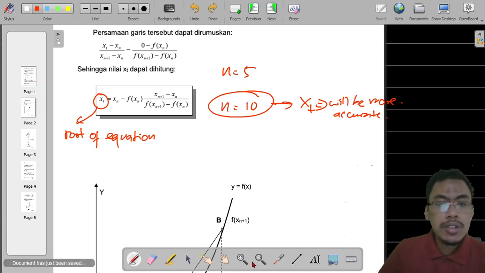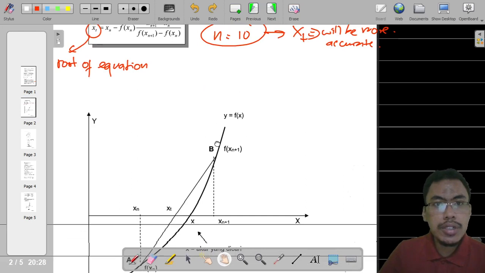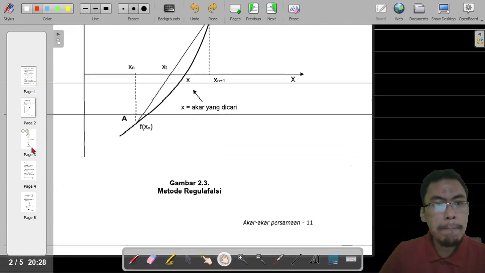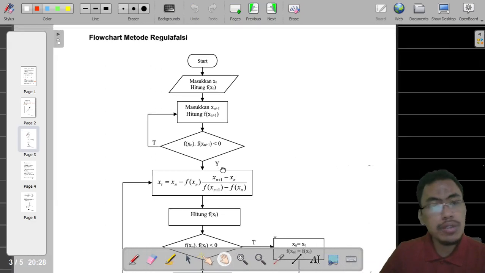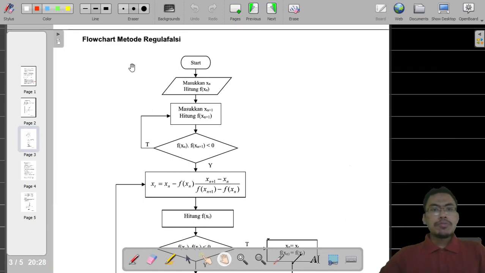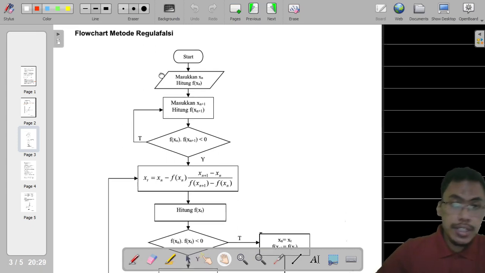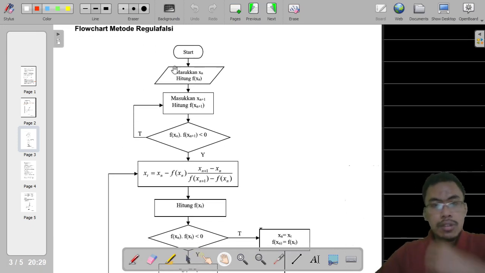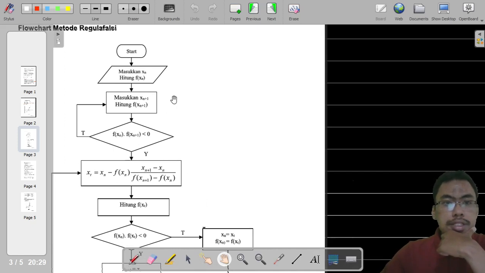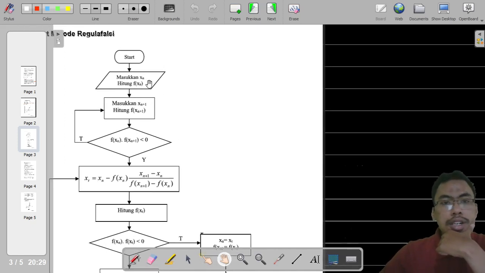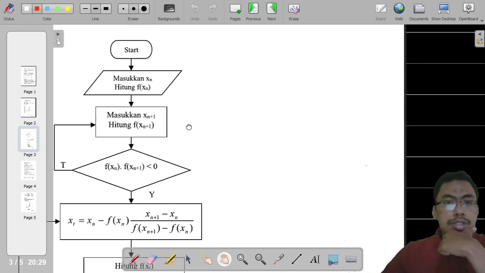Okay, so let's go to the algorithm. These are the steps that we have to understand first if we want to use regula falsi to find the root of an equation. First, we start our calculation by choosing the value of xn, and in this case we can randomly choose xn.